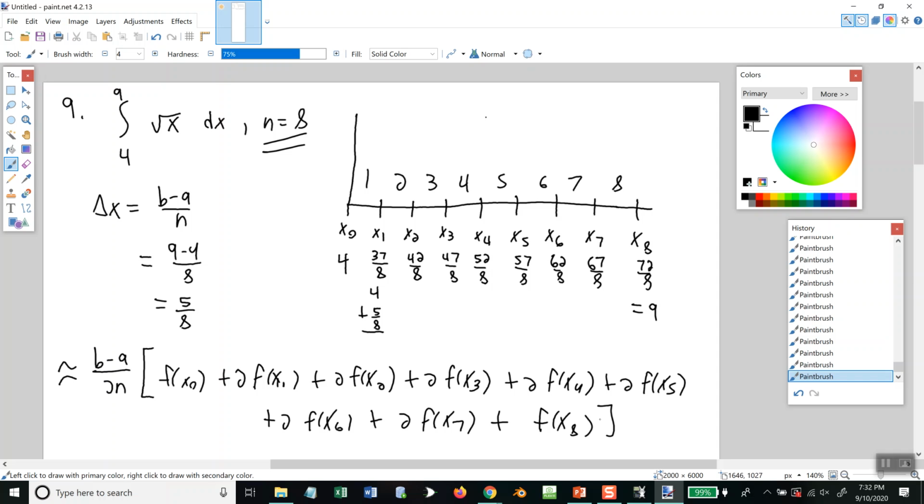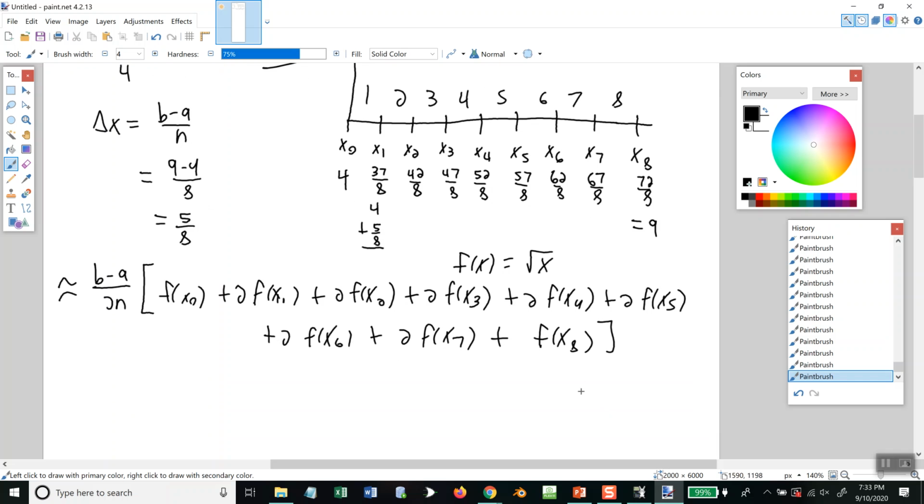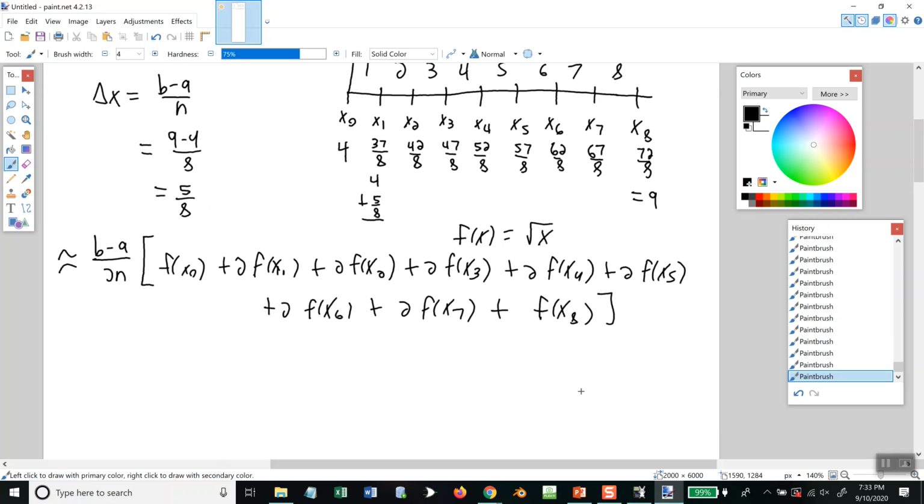Okay. Keep in mind that your f of x is equal to the square root of x. That's this right here. So now, plug in everything I've identified.